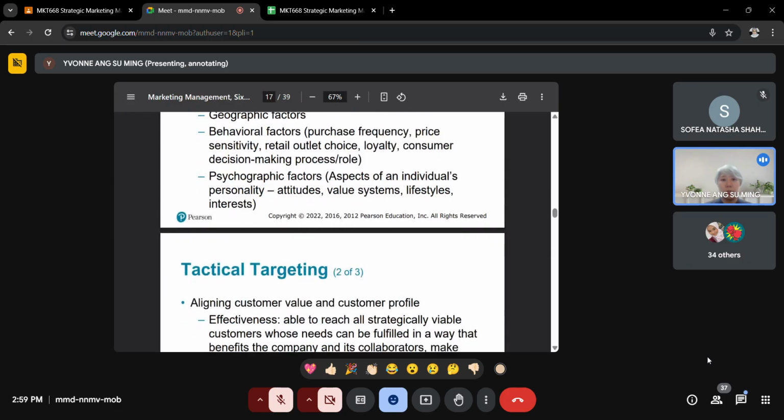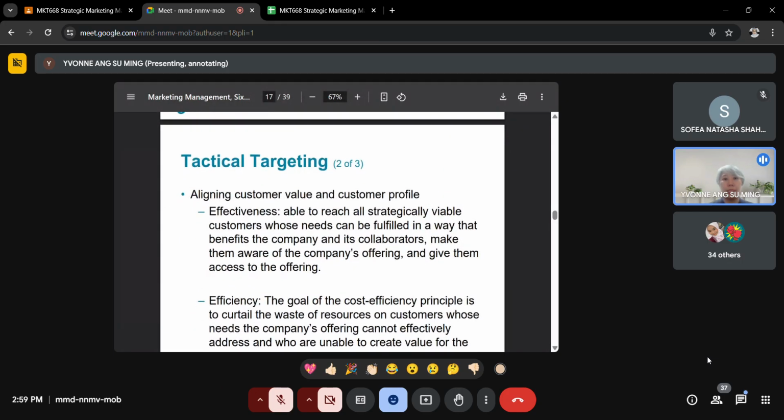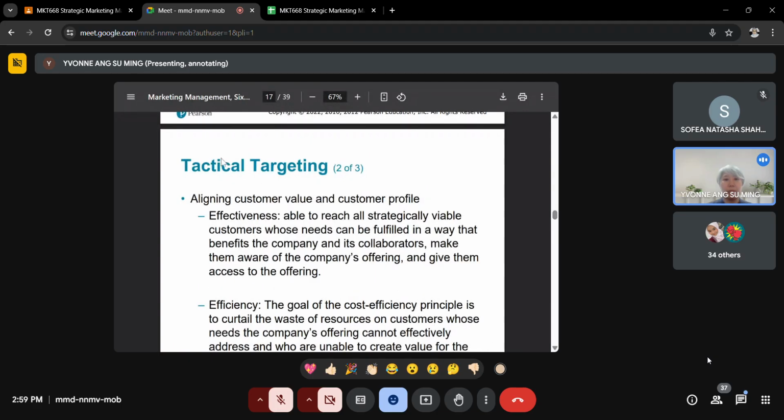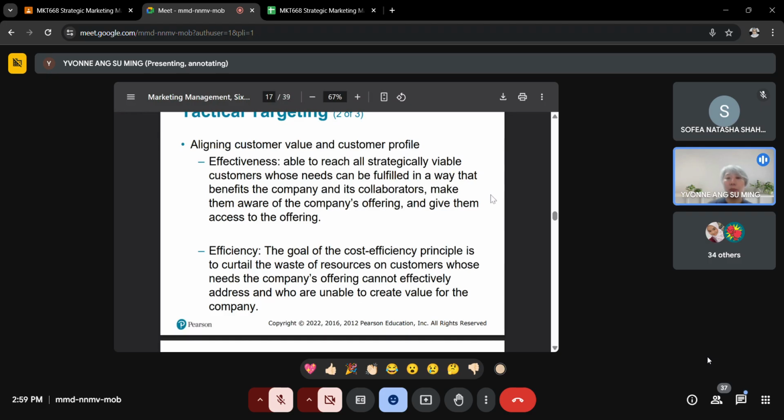Okay, so here what we're trying to do inside tactical targeting, okay, apa yang kita nak buat dalam tactical targeting ataupun apa yang perlu kita buat ialah kita perlu tekankan ataupun we have to focus on aligning it with the customer value and customer profile, where we focus on effectiveness and also efficiency.